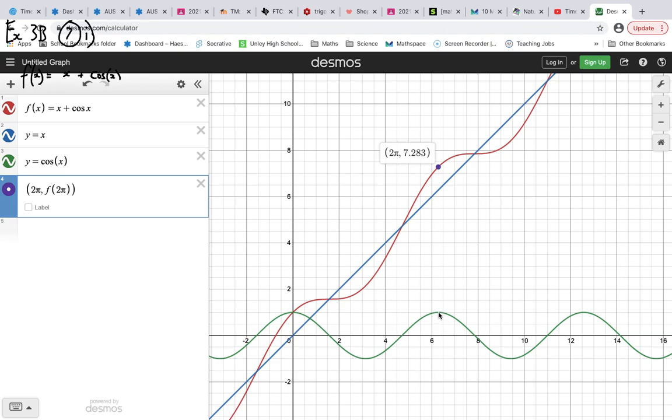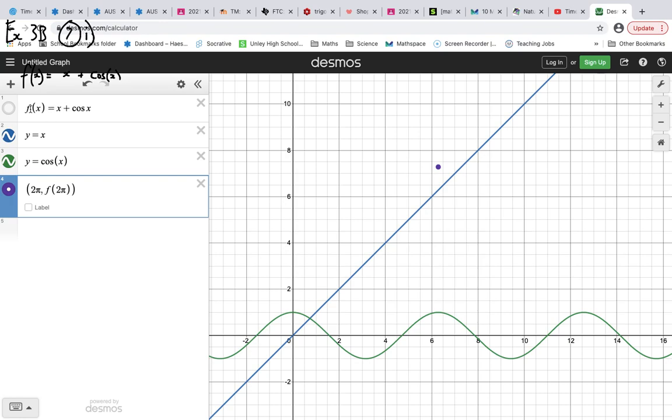We've got the 1 coming from the cos. That's 1 above the x-axis, which is actually the same level that it started on. And then the blue line, you can see it here. The blue line is just y equals x, so that would be spitting out 2 pi, right?